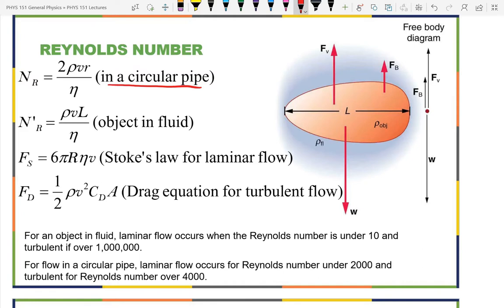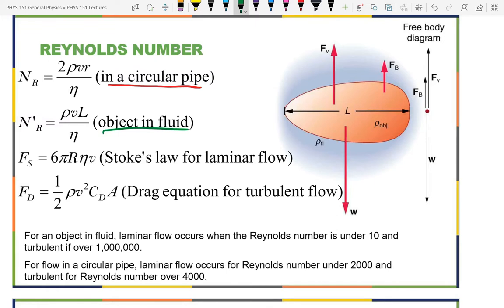Now, the next Reynolds number, the one with the prime in it, is for an object going through a fluid. So that would be something like if I drop an iron ball in water, I can calculate the Reynolds number for that iron ball going through the water. And there it's the density of the fluid again, not the density of the object, times the velocity it's traveling, times L. L here is the length perpendicular to the direction of motion.